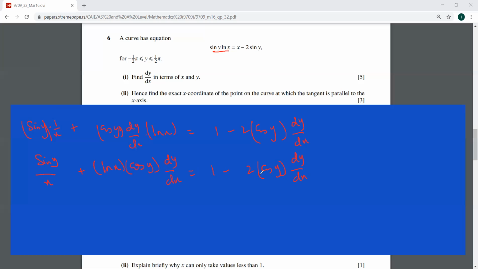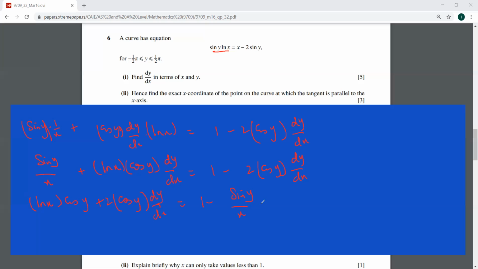Now I'll shift this 2 cos y dy by dx to the left hand side, and this will become ln x cos y plus 2 cos y, and then you have dy by dx, and this sine y over x will be shifted to the other side. So it's 1 minus sine y over x.